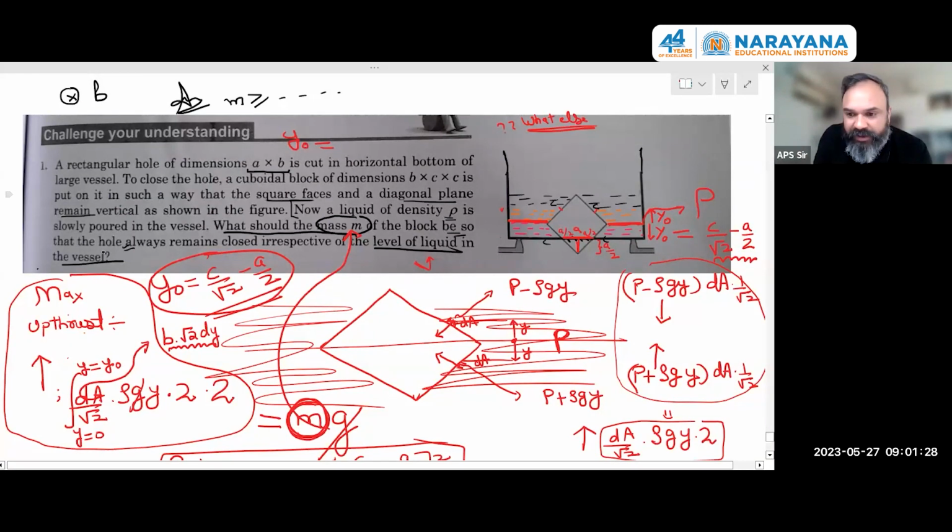If you fill this system up to this place, beyond this, what is going to happen if you further fill? Whatever height you fill the liquid up to, that height will generate an extra pressure of rho gh at this top level.